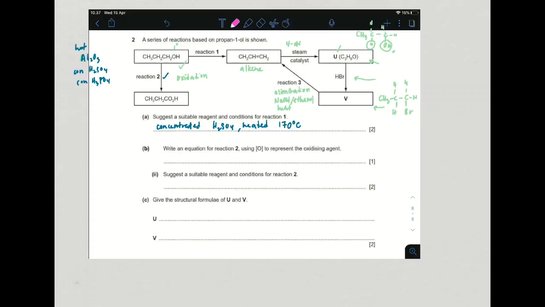So here, if you just put CH3CH2CH2OH plus O, we are going to get CH3CH2CO2H. So one of the O will go and enter there, and then for the remaining, for example, if I just write it down here, CH2OH, I'm going to get C double bond O, OH.